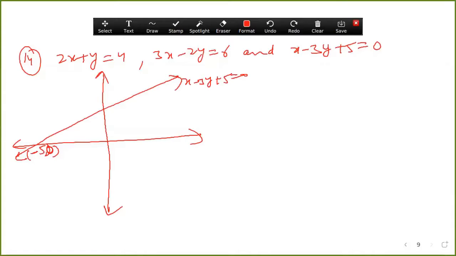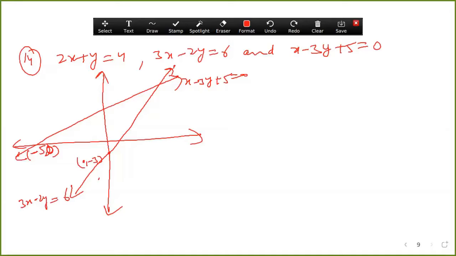Now the second line will be like this. Suppose this one is the line 3x minus 2y equal to 6, and the point on the axis is 0 comma minus 3.